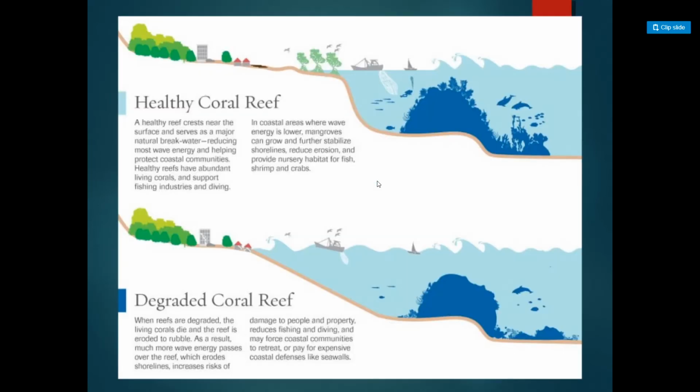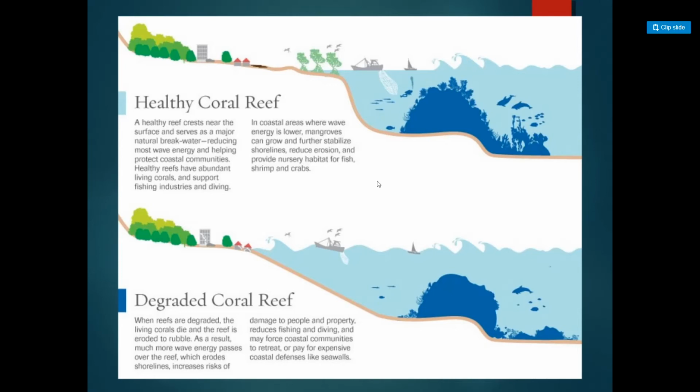Yes, we do. Okay, so a healthy coral reef will break waves, which will save beaches, slow down erosion, allow things to build up around shores and coastal lines, and keep cities safer.